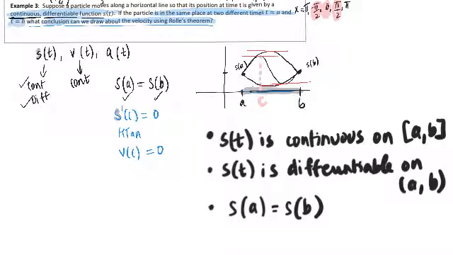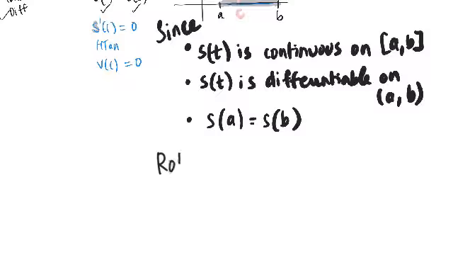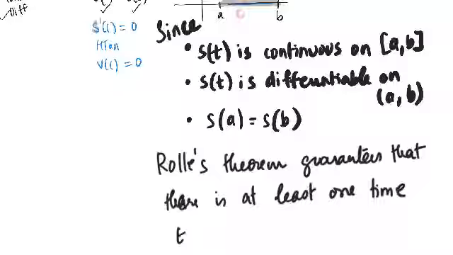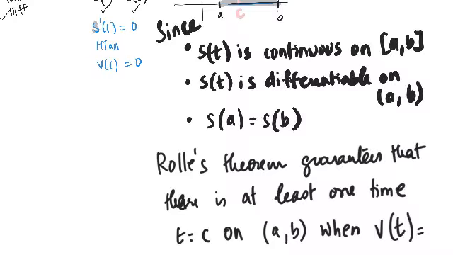All of this is really given in the question, but we have to say, since these things are true, then Rolle's theorem guarantees that there is at least one time t equals C on the open interval (A, B) when V of t, V of C, is equal to 0.